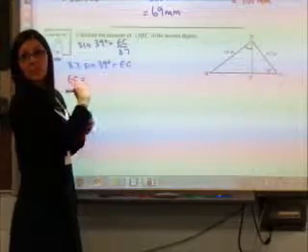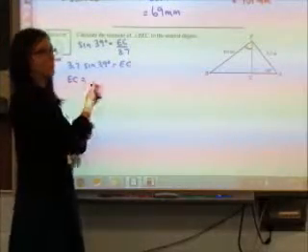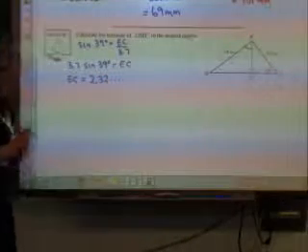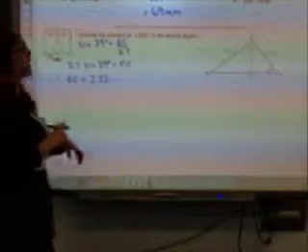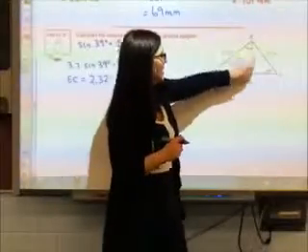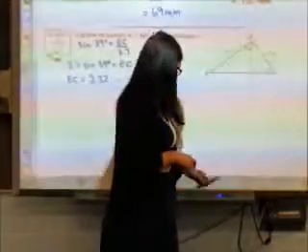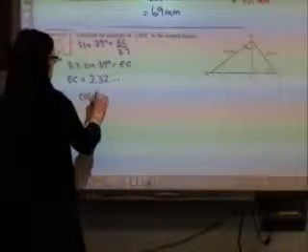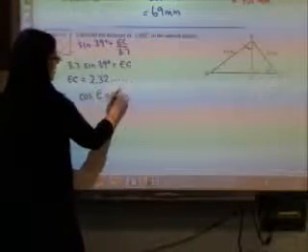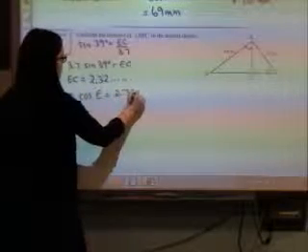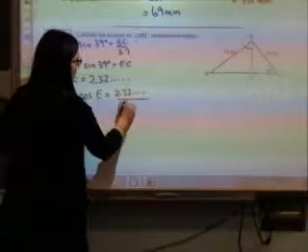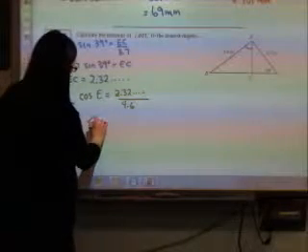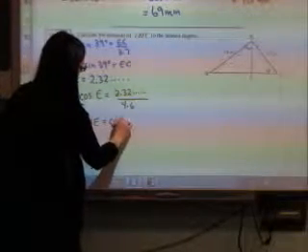Anyone write that step down? 2.3284. And then what trig function would I use in my second triangle? So this would be the cosine of angle E equals the adjacent side, which is 2.32, over 4.6. And to find angle E, I would have to cos inverse it.